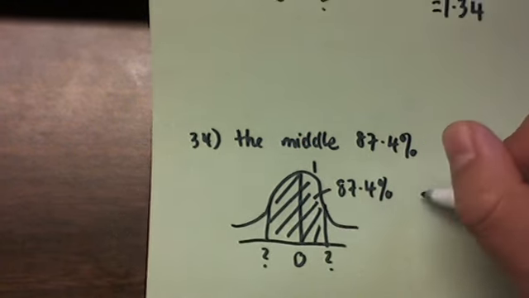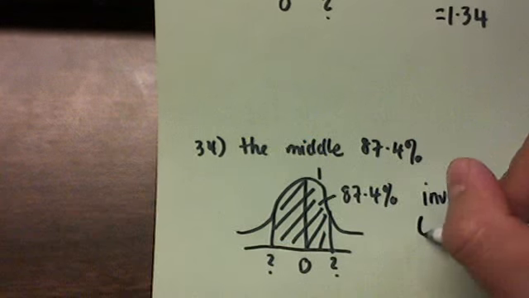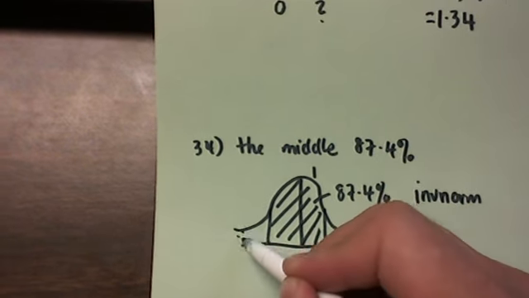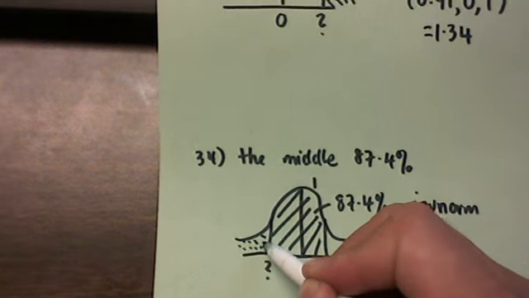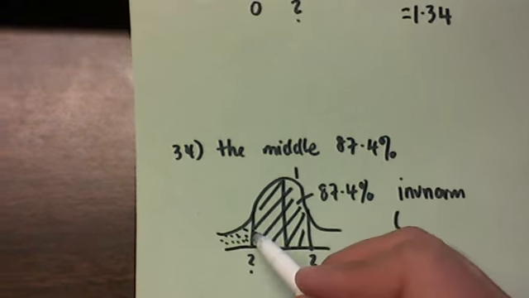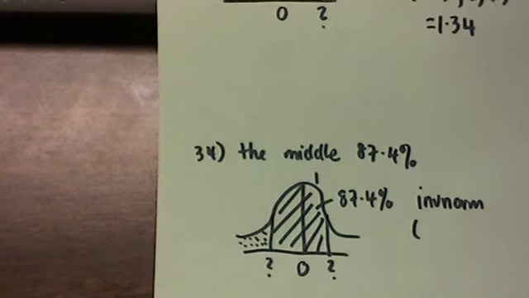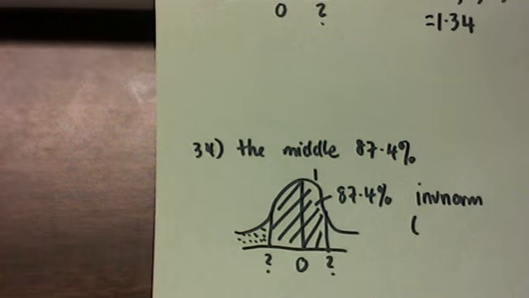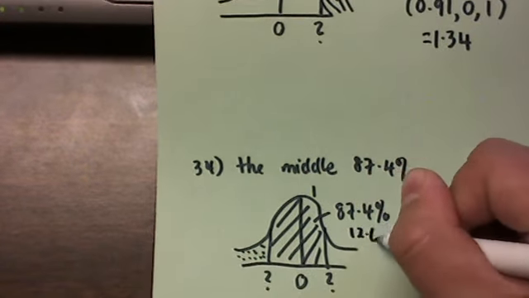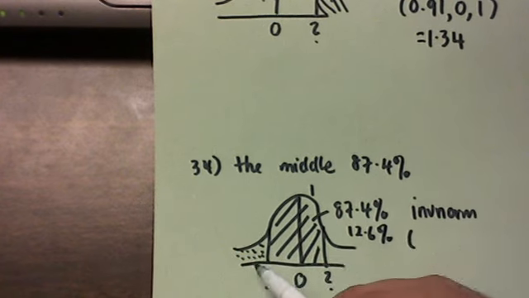Again, since we are finding the value, we have to use the inverse normal. Now we have to figure out what this percent is, because as you know, the calculator only does the percent on the left. Since the whole shape will be 100% under the curve, there will be a difference of 12.6% that will be shared among those two tails.